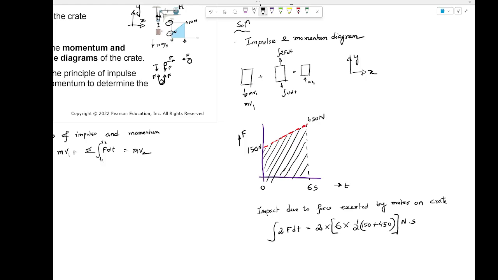So you have 6. Okay. Did you understand? That's the average of these two high points on the y-axis, 150 and 450. You add them up, divide by 2, that's the average, right? Then multiply by the 6 on the x-axis. Everyone understand this? You got it? So the trapezoid area.